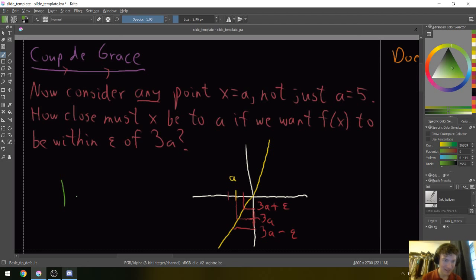I believe that this would be the absolute value of 3x minus a is less than epsilon. Wait, did you say 3x minus a? Yes, 3x minus a is less than epsilon. So this is telling us that 3x is within epsilon of a.